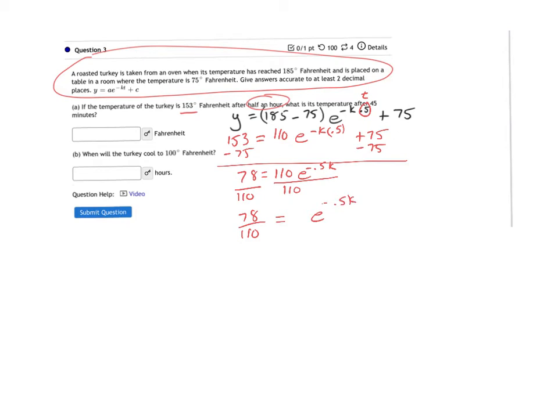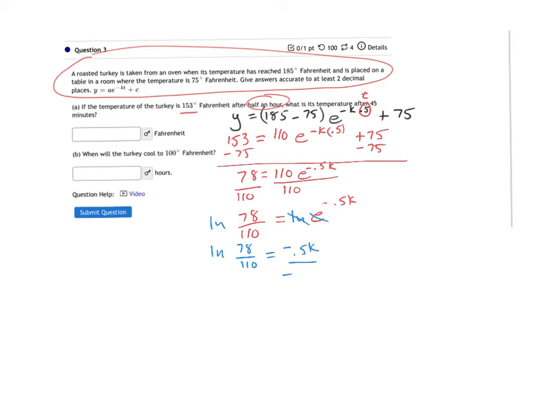Now, you don't want to reduce that and round it. I'm sorry, you can reduce it, but just don't round it. In the next step, we're going to take the natural log of both sides. So I have the natural log of 78 over 110 is equal to, now remember the natural log and e cancel out, so that's negative 0.5k.